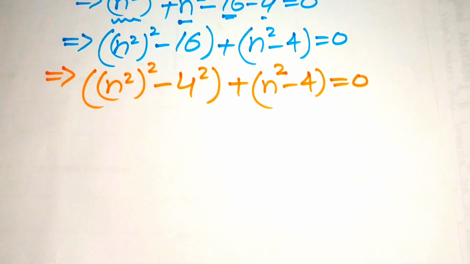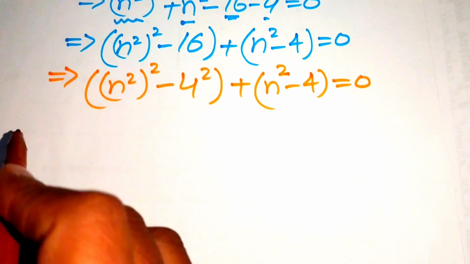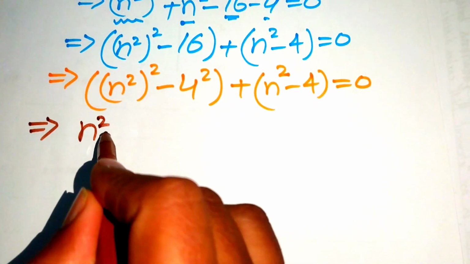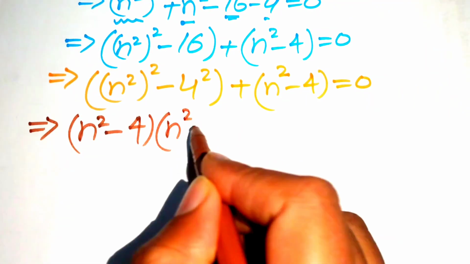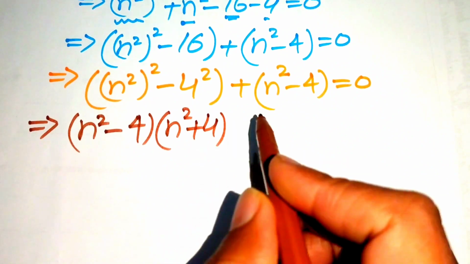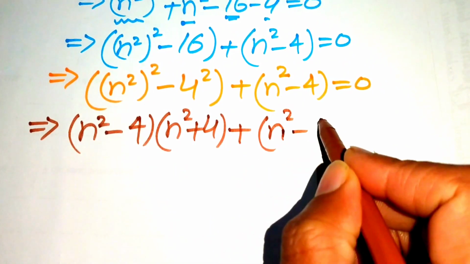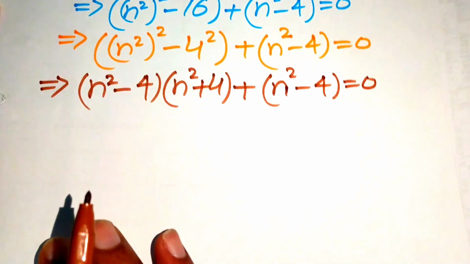Now in the first pair you see that we have n square whole square minus 4 square. So here we use the square identity, and we write it as n square minus 4 into n square plus 4, plus n square minus 4, and this whole equation equals 0.